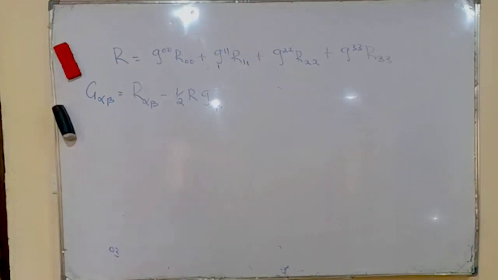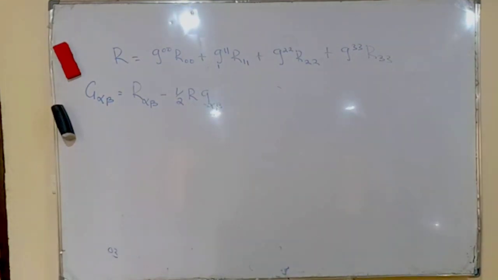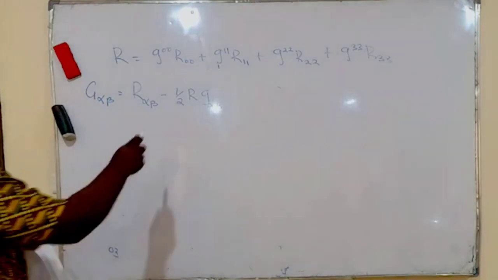G00, G11, G22. Okay. And finally G33. Good. So we are done with the left hand side.